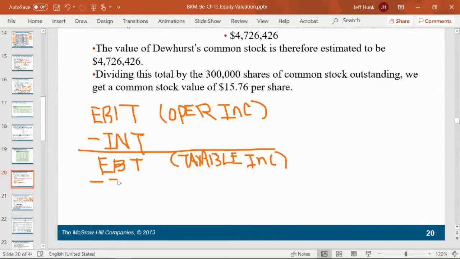And then you subtract taxes, but think about it. There you go, and then you finally arrive at EAT, earnings after taxes, or net profit, or net income.